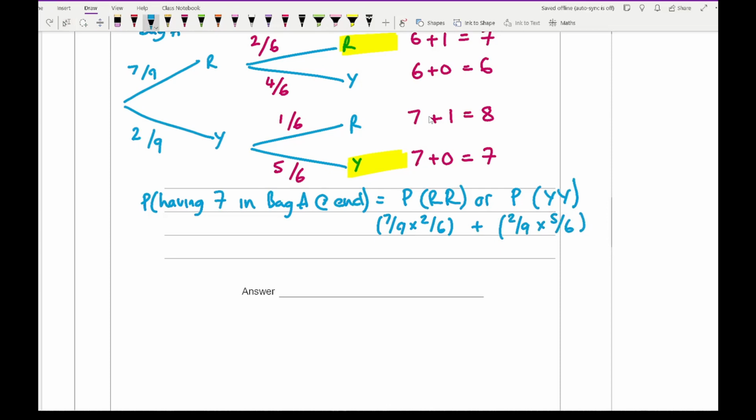And if I type that all into my calculator, I'll end up with 14 over 54 plus 10 over 54, which gives me a total of 24 over 54, or I can simplify that to 12 over 27, which simplifies further to 4 over 9.